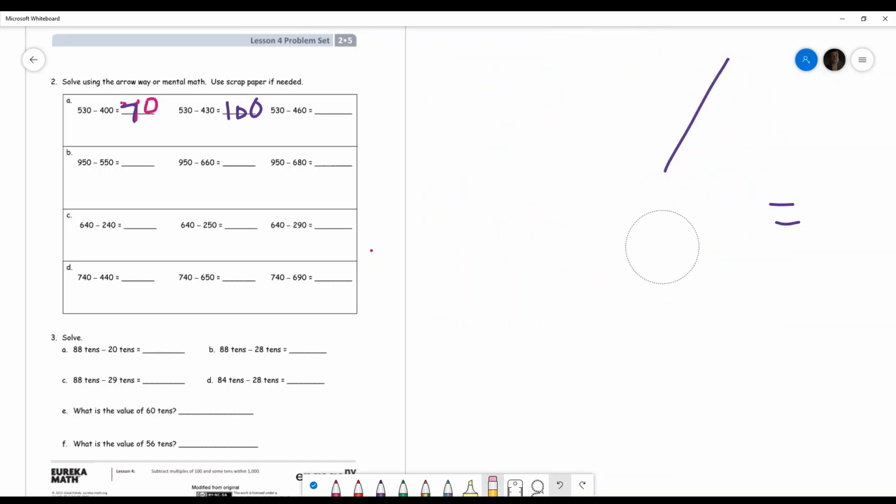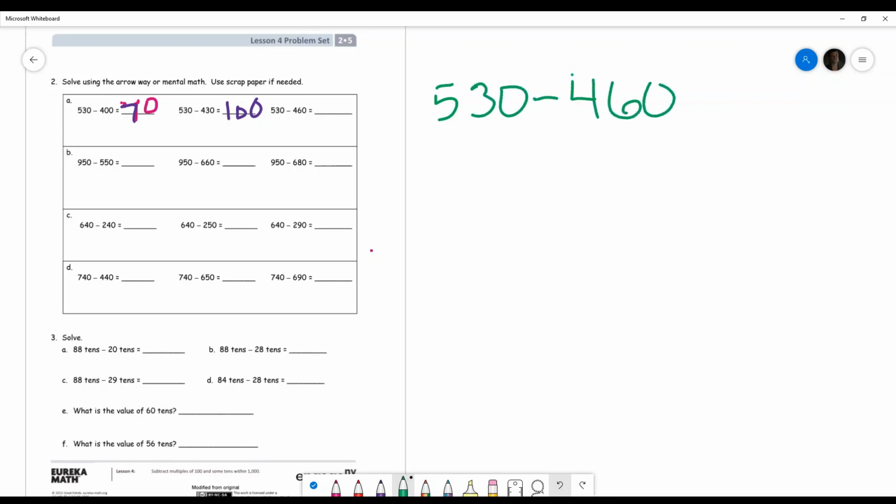Okay, let's look at the last one. 530 minus 460. This one, I am going to break up my number mentally in my head.